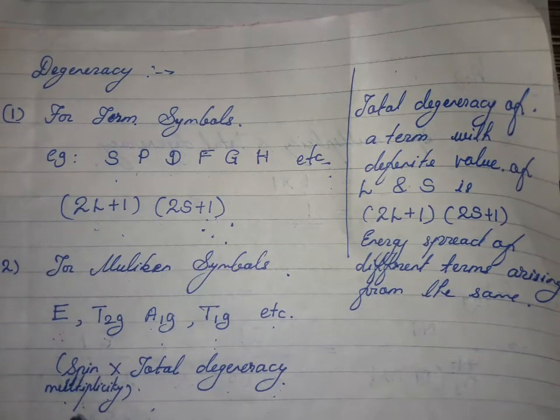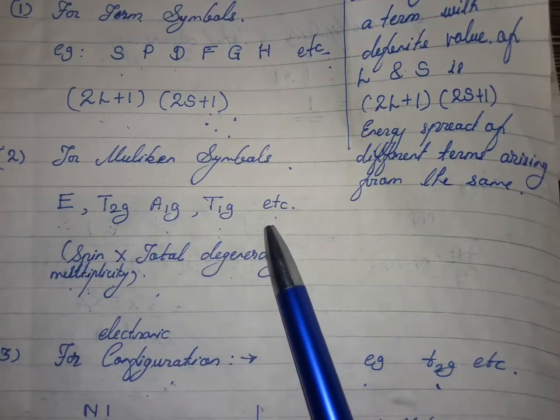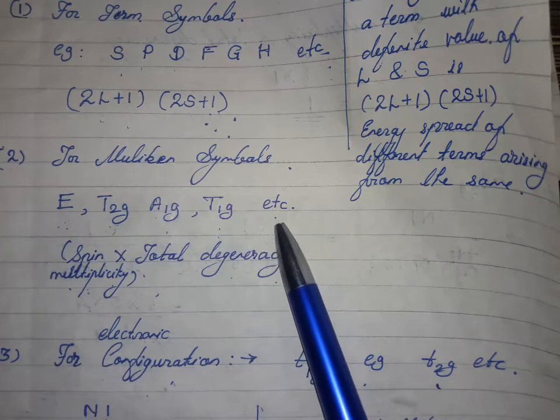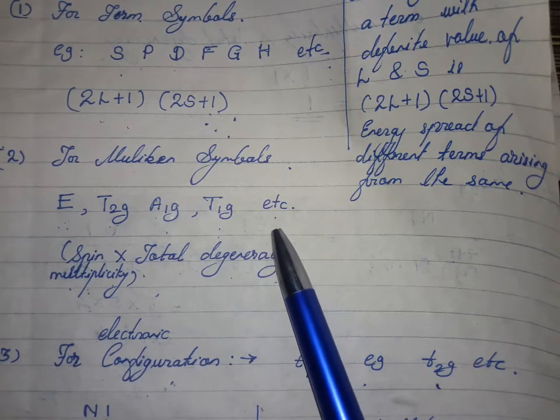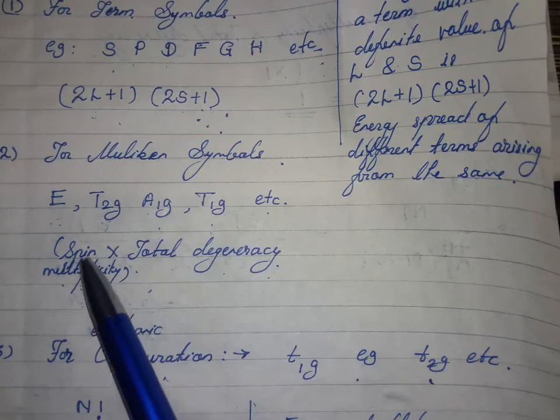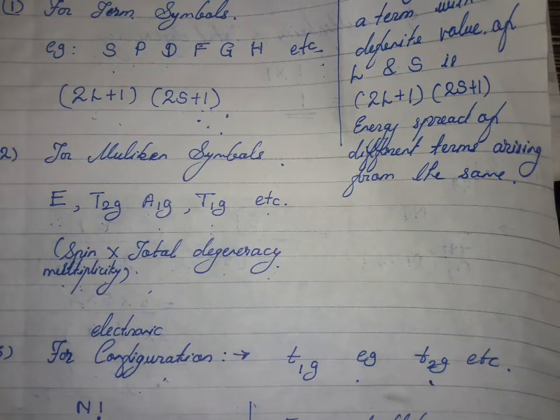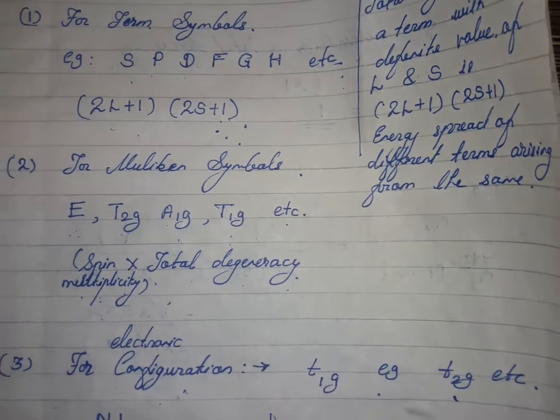Now the next point is Mulliken symbols. There are different Mulliken symbols like E, T2G, A1G, T1G, etc. We can calculate the degeneracy of Mulliken symbols by using the formula spin multiplicity into total degeneracy. What is spin multiplicity?